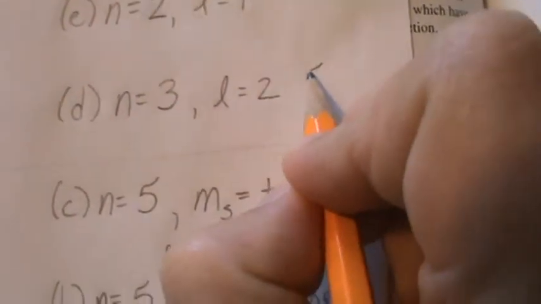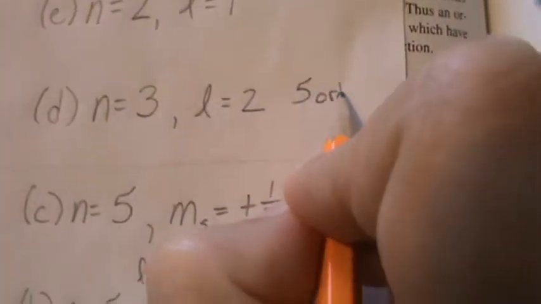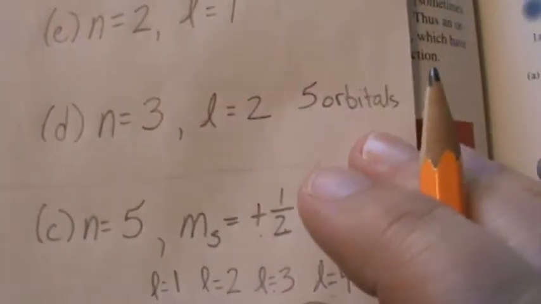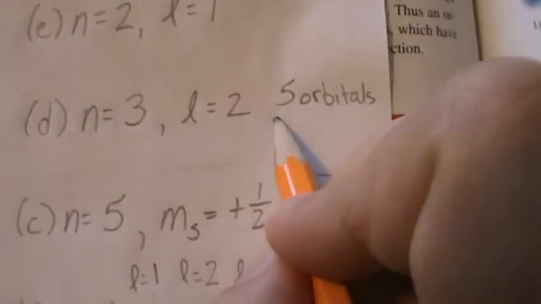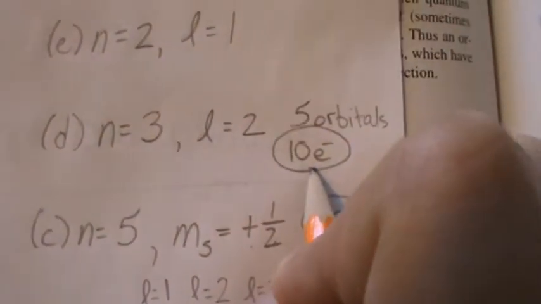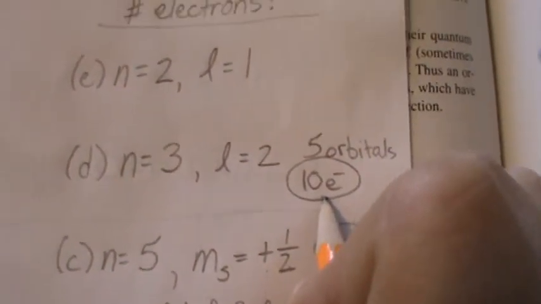Okay, there are 5 orbitals here for the 5 m sub L values that go with L equal to 2, which means that 10 electrons could be in those 5 orbitals.